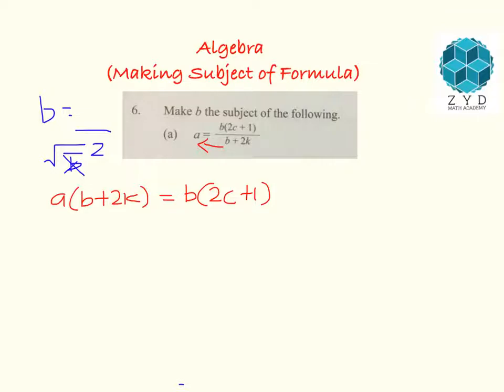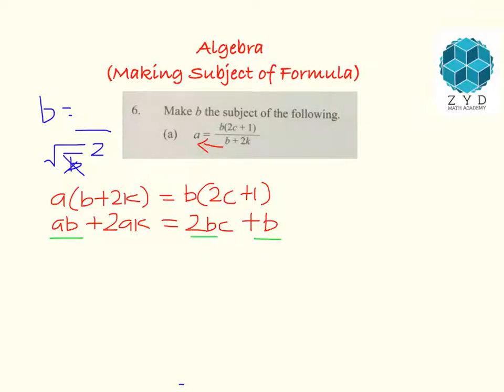Okay, once we remove the fraction, we expand the brackets, and we will get ab plus 2ak equals to 2bc plus b. So once the brackets are expanded, we will locate again where our b's are, and here I can see there's a b here, b here, and a b here.